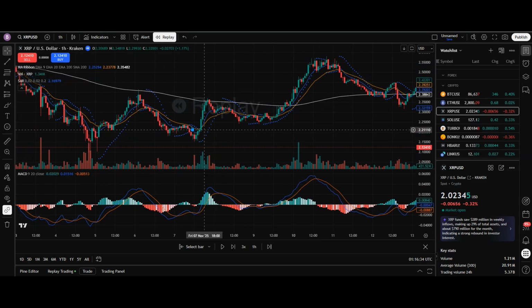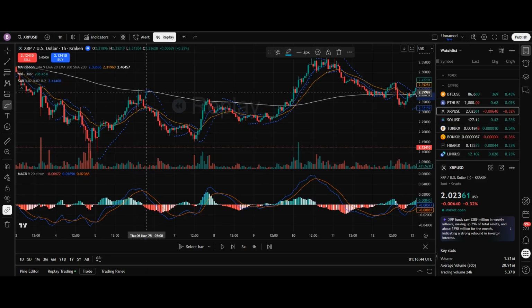As you see, whenever these parabolic SAR dots form above the price, so above the candles right here, as you see, they're forming above. That means price is more than likely going to push down.